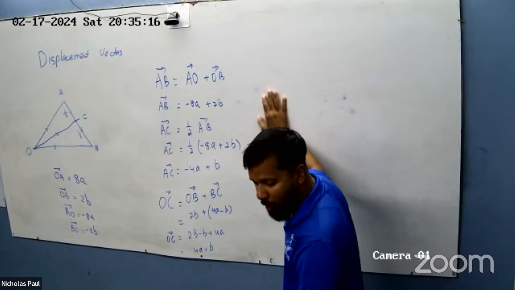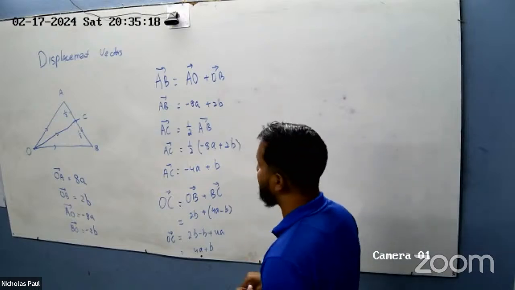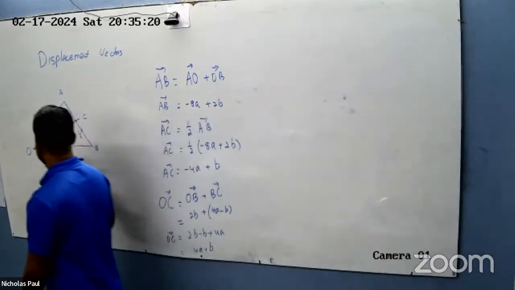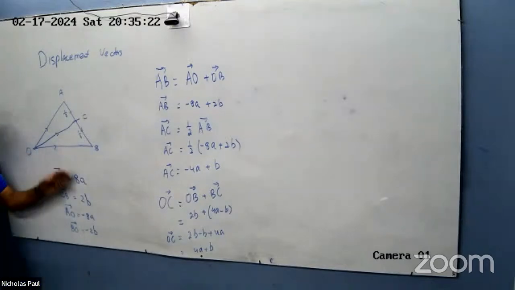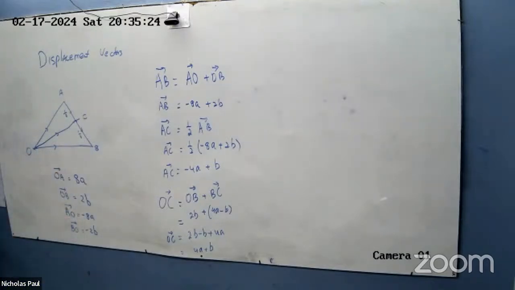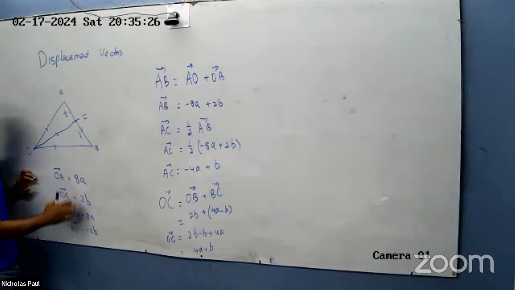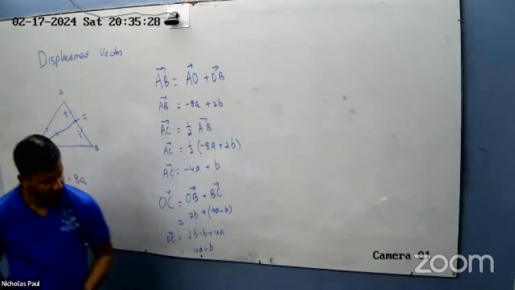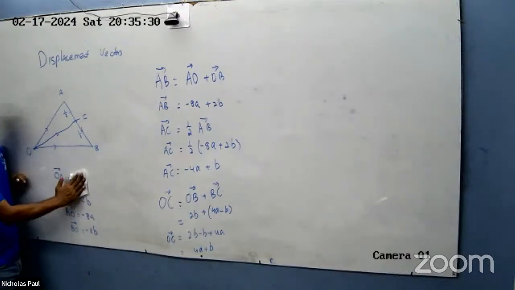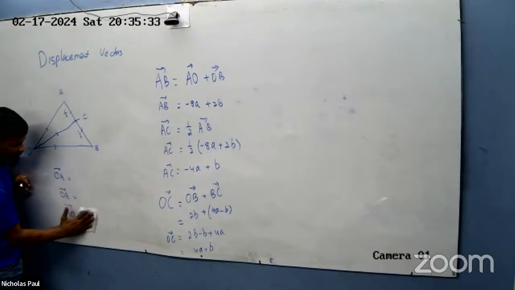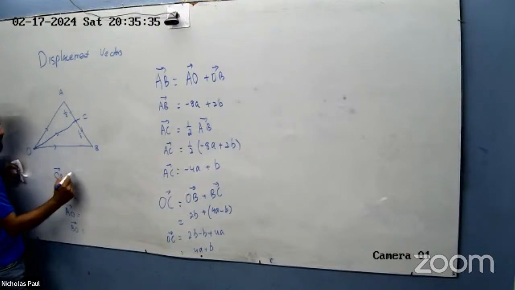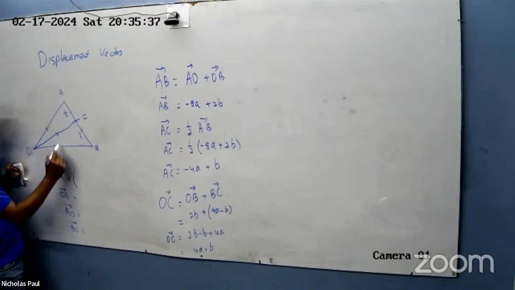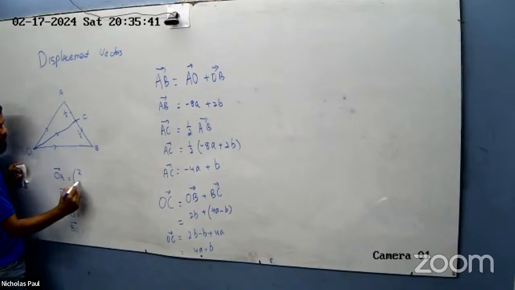Right? Now we're going to change it. Now we're going to change it, instead of letters, we're giving it numbers. Do the same thing. So instead of 8A, I'm going to give you a vector. Let's say the vector there is 2, 4. Right?